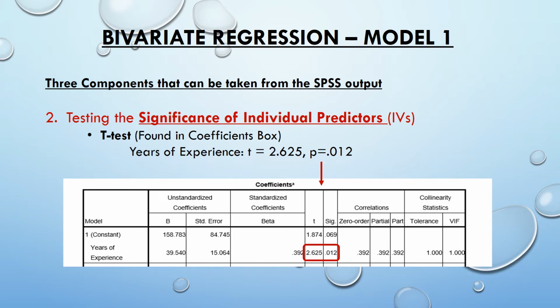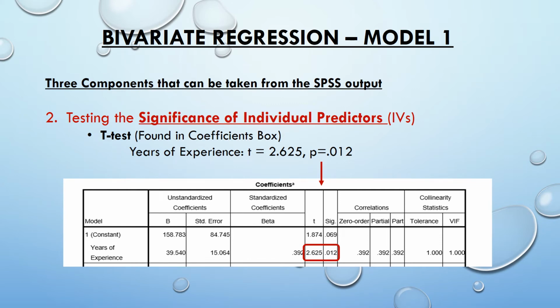You find the t, which is 2.625, as well as its associated p-value, which is just labeled as the sig that we've seen before. And you'll notice the sig happens to be 0.012. That's less than 0.05, which has always been our cutoff point. So we can say, yes, years of experience is significantly associated with money earned from drug dealing.